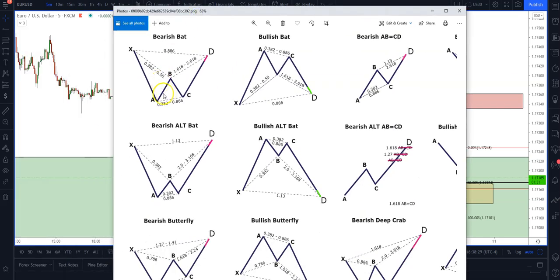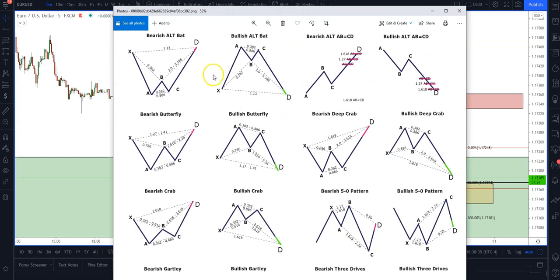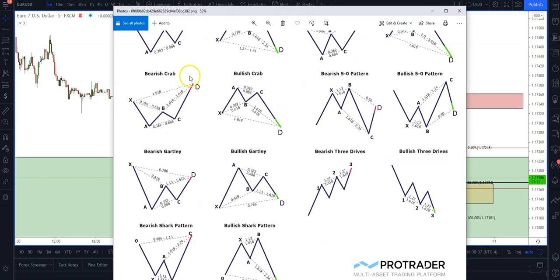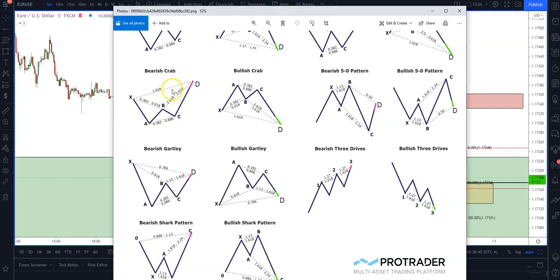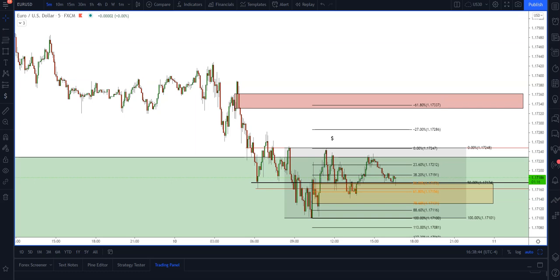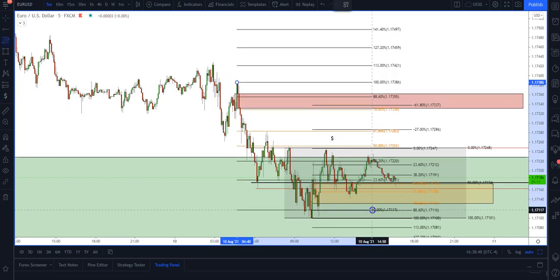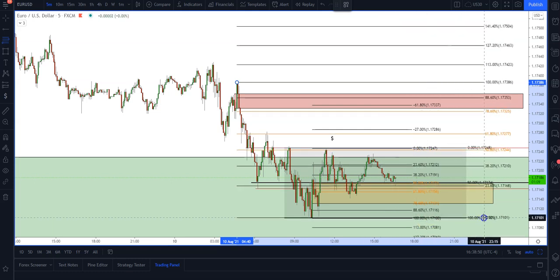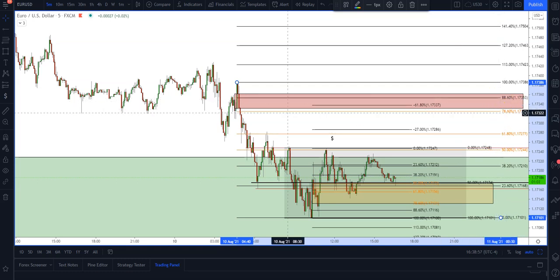If we look at the harmonic sheet, we could be looking at a bat, or a crab, and it all depends on where it goes. It's 88.6, it's 78.6 for the bat.